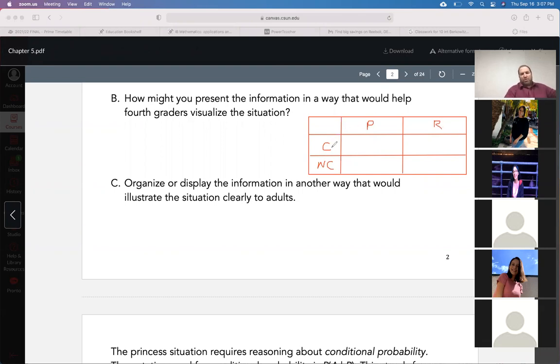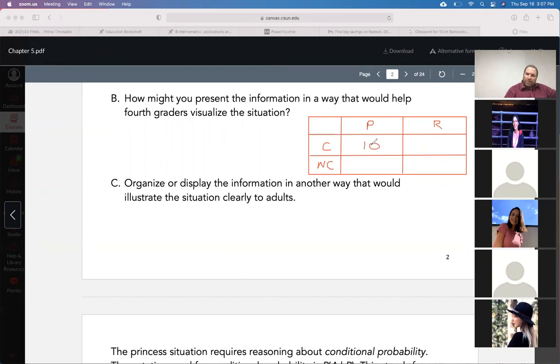How many princesses are there that are wearing crowns? 10. How many princesses are not wearing crowns? 0. How many regular people are wearing crowns? 15. How many regular ladies are not wearing crowns? 15.